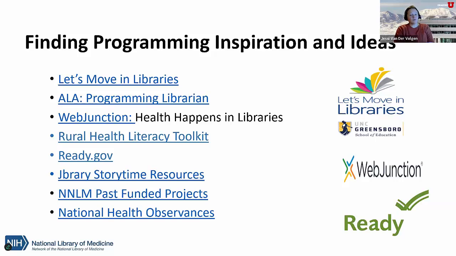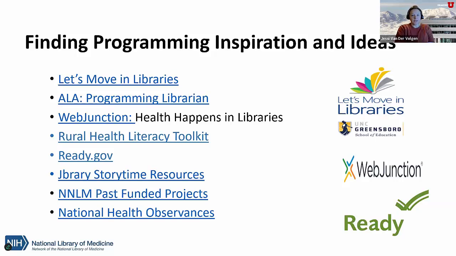It includes advice for where to begin, creating accessible programming, and some information on liability. The ALA Programming Librarian, you can browse and search library programming ideas. You can do a search by budget, by age group. You can search for health and get tips on planning, partners, marketing, budgeting, and other advice for carrying out the program. It is a really broad resource.